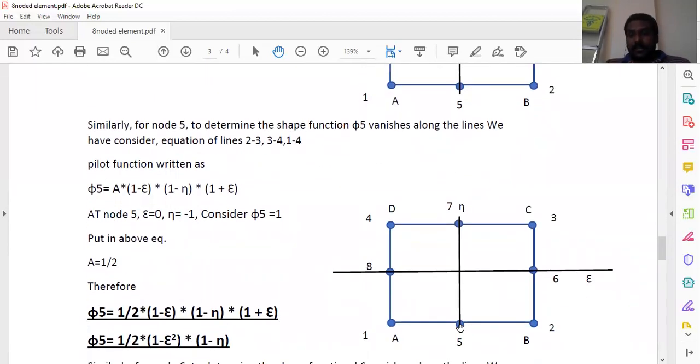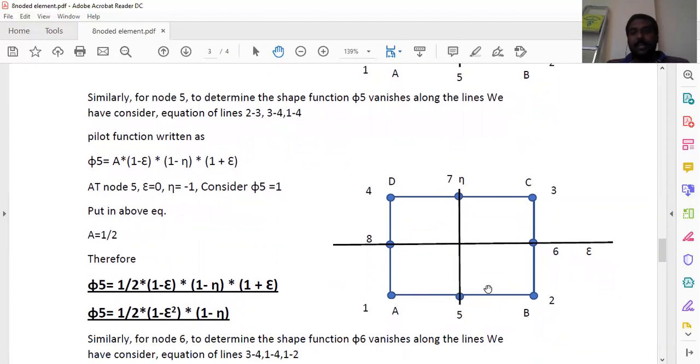Now we will calculate the in-between nodes shape functions, that is node numbers 5, 6, 7 and 8. Our concept is that all nodes should be covered.